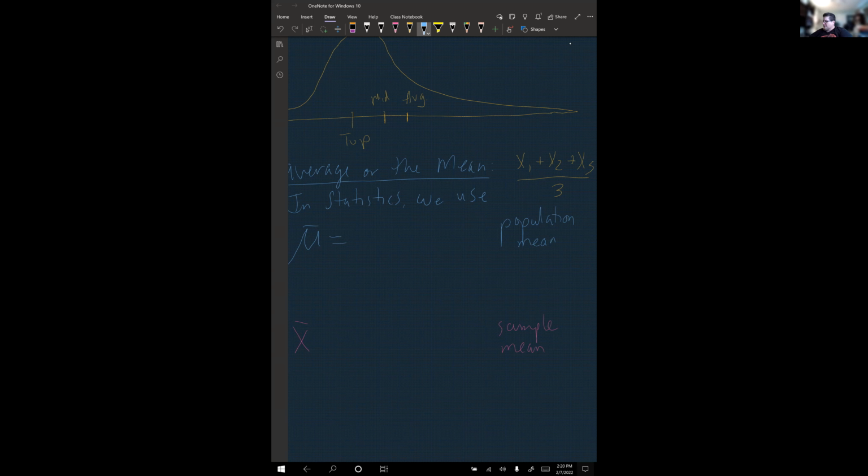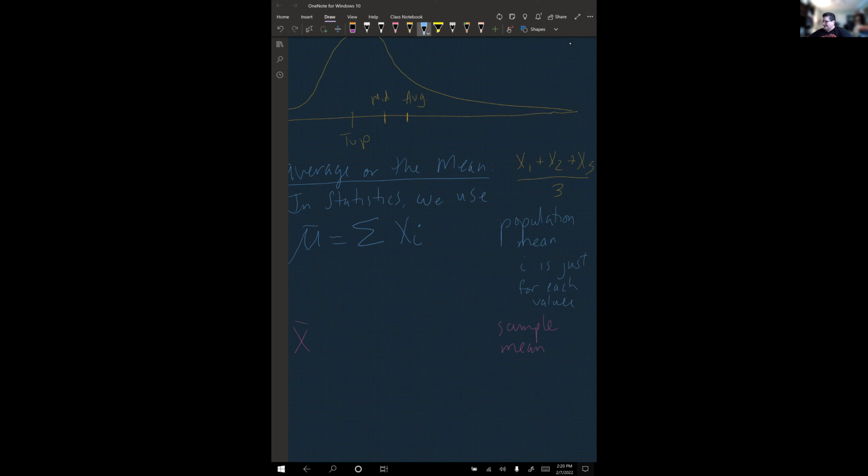So the way they put this in a notational form is they put this symbol and then they say xi, where i is just for each value. So I have an x1 up here, x2, x3.